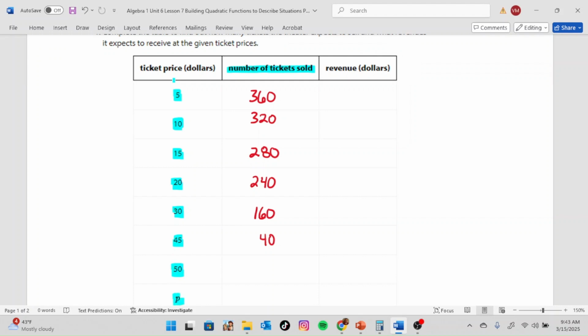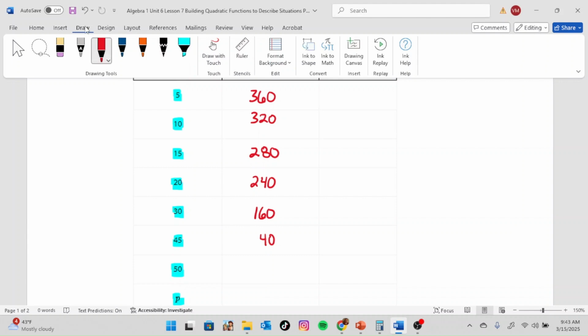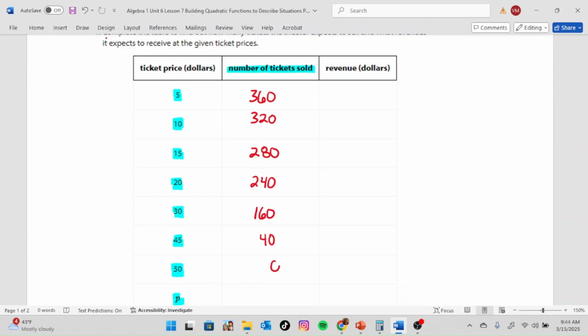If it was a $50 ticket price, then 8 times 50 is 400, and 400 minus 400 is 0. And if the ticket price was p, that would just be the equation itself, 400 minus 8 times p.